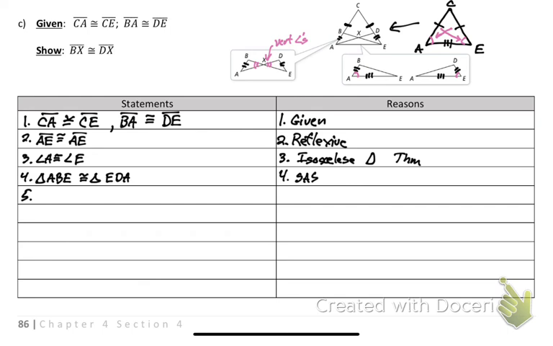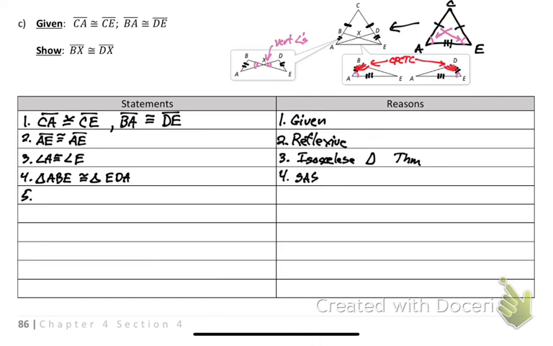What can I say about angle B and angle D right now? Why? CPCTC. So because of CPCTC, I can now say that angle B, and I'm going to do this in red with 3 big tick marks, 1, 2, 3, that these two things are congruent by CPCTC.